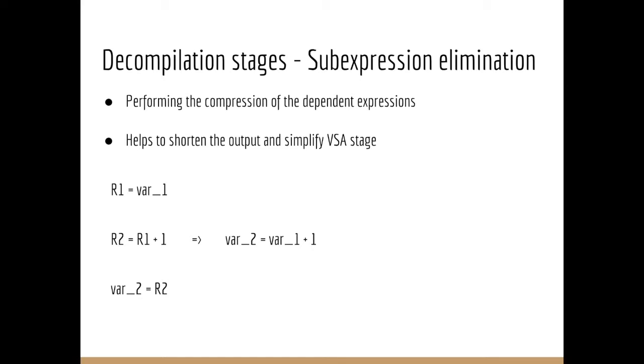For example, if we have an equation like register 1 equals variable 1, register 2 equals register 1 plus 1, and variable 2 equals register 2, we can simply output variable 2 equals variable 1 plus 1. It's very useful for generating highly readable C output.